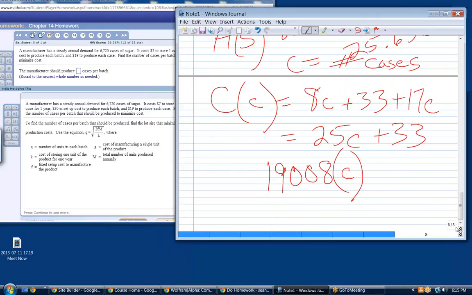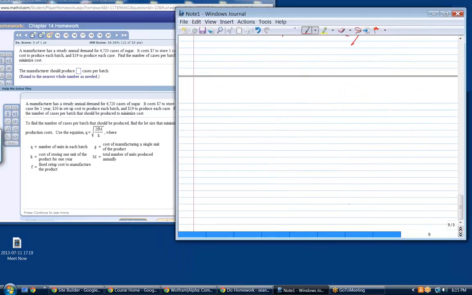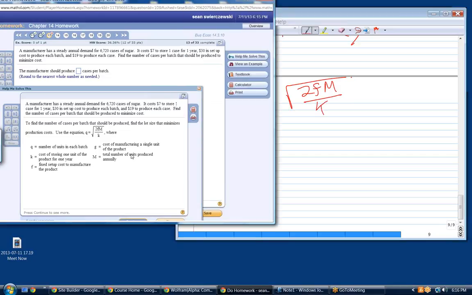That's very peculiar that they would expect us to know this. Q equals the square root of 2 little f big M divided by K. Doesn't it seem like they should have given this to us in the stem here?